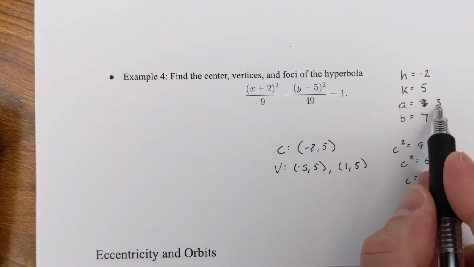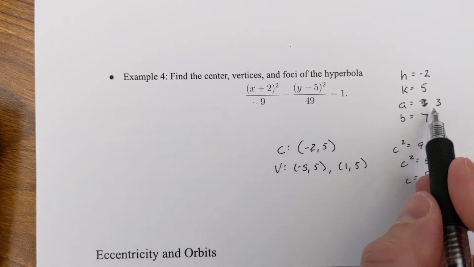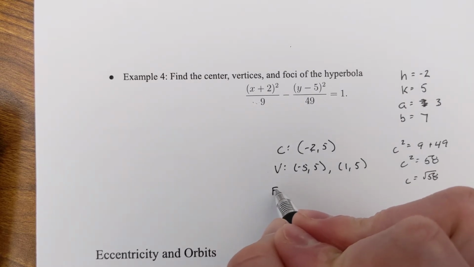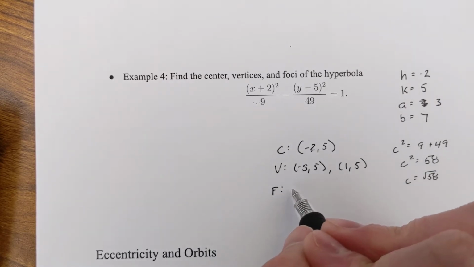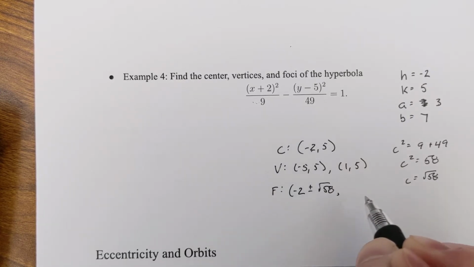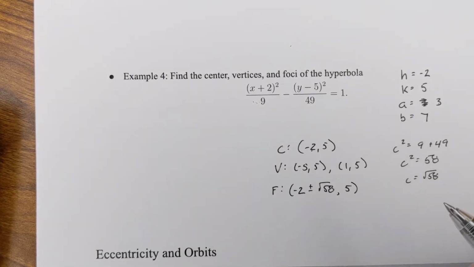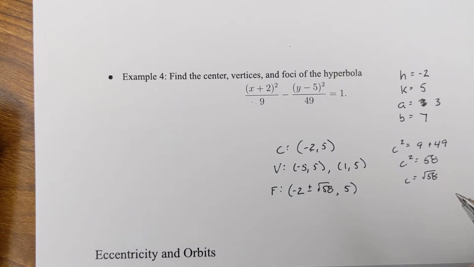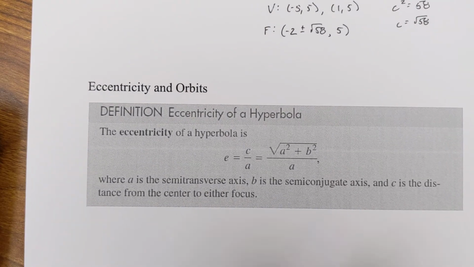Take this value, subtract 3 to get the one on the left, and add 3 to get the one on the right. Foci are going to be h plus or minus root 58, because it doesn't simplify, comma 5. So there are your parts.